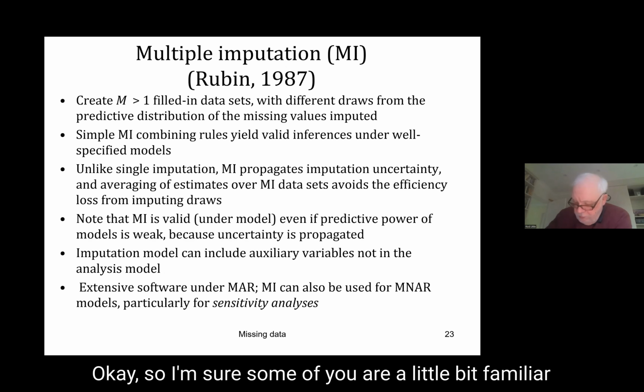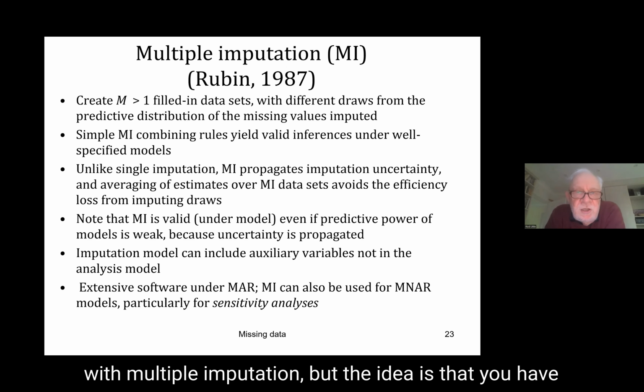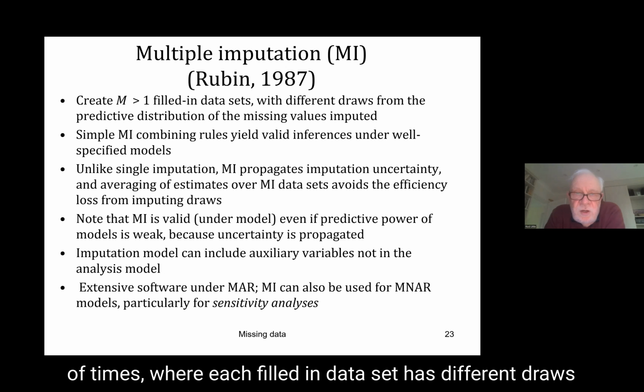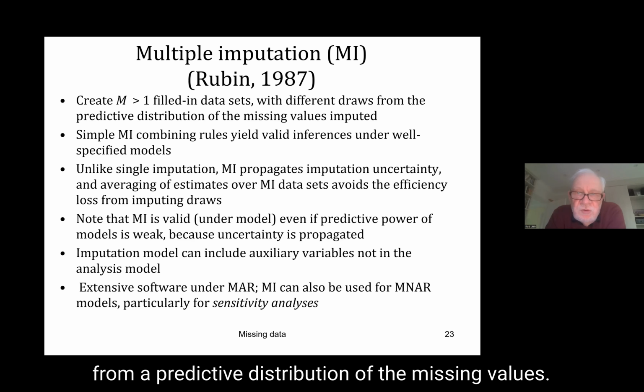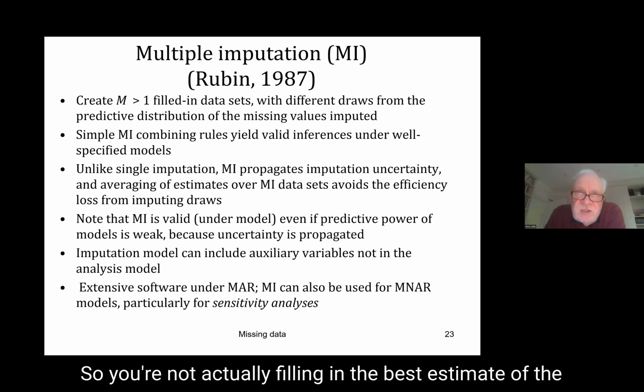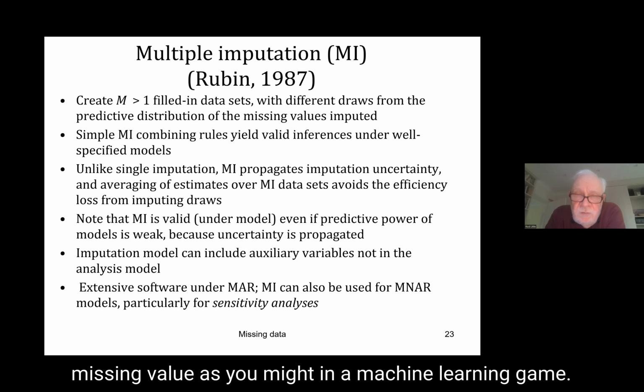Okay, so I'm sure some of you are a little bit familiar with multiple imputation, but the idea is that instead of just filling in the data once, you fill in a bunch of times, where each filled-in data set has different draws from a predictive distribution of the missing values. So you're not actually filling in the best estimate of the missing value, as you might in a machine learning game.